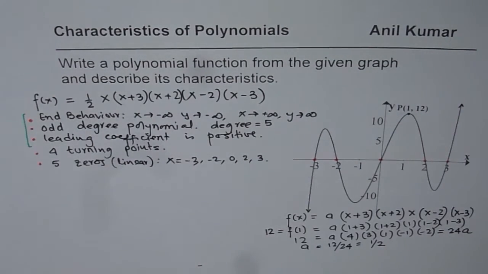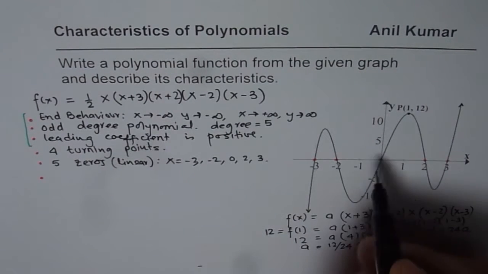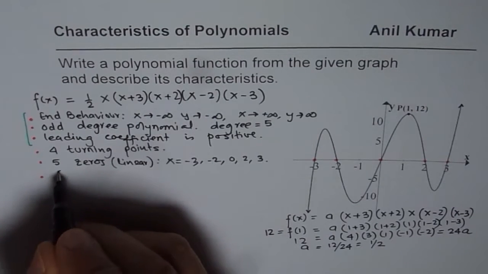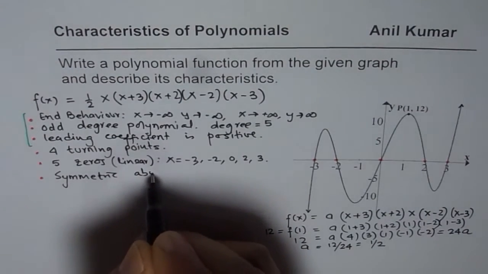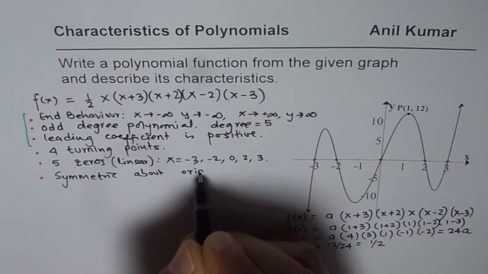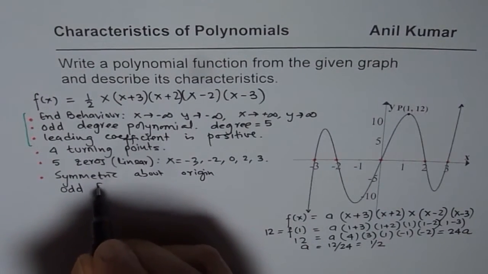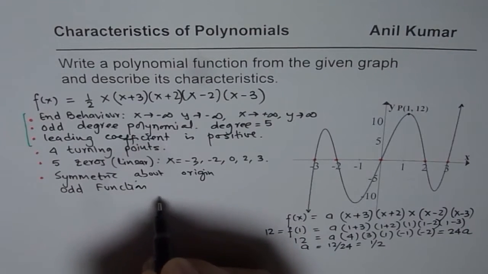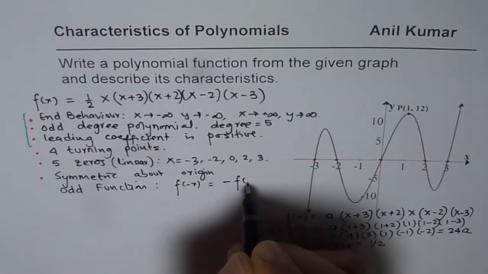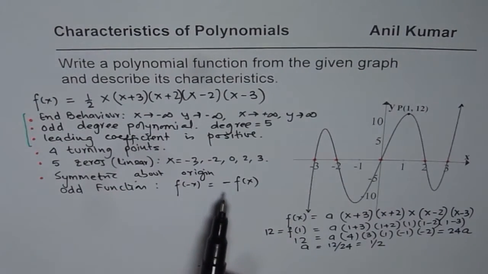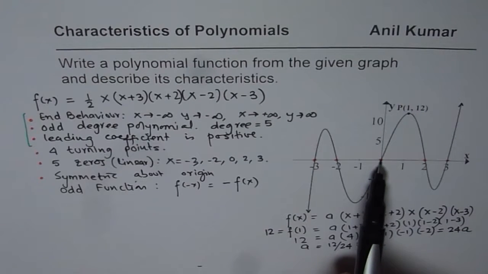What else do you notice? A very important thing which you notice here is this function is symmetric about the origin, right? That really means that this is an odd function. When we say odd function, it means f of minus x is equal to minus f of x, right? So this is a very important conclusion from this graph. You'll see all these zeros are symmetric about the origin.